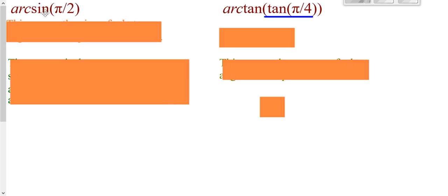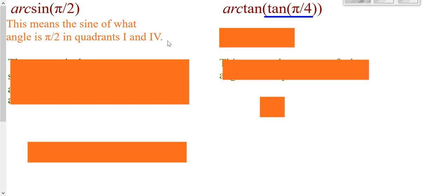Here, it's inverse sine, so it's representing an angle. So the sine of what angle gives me pi over 2? And I have to limit myself to the first and fourth quadrant. Well, remember pi is a little bit more than 3.